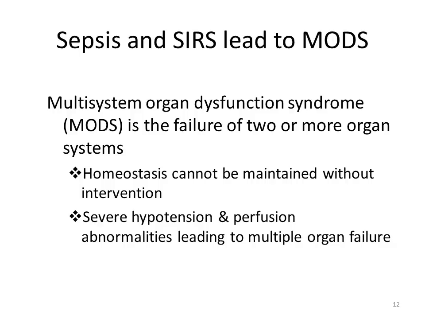That means that homeostasis cannot be maintained unless there is some sort of an intervention. We have severe hypotension, poor perfusion that will lead to multiple organ dysfunction. The goal is to stop sepsis and SIRS before we get to MODS.